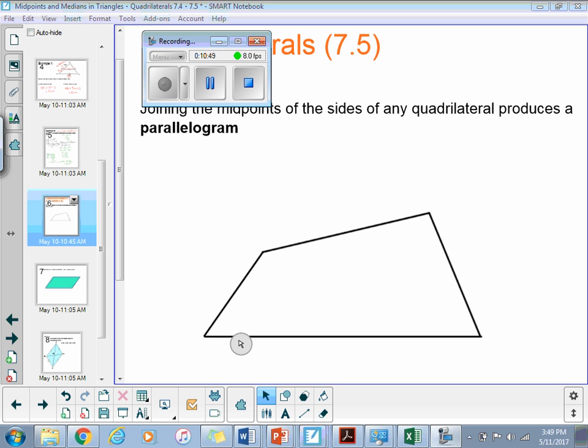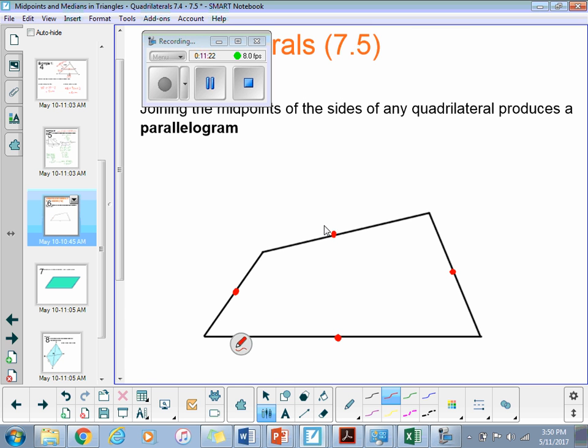Okay, and the rest of this page is pretty much all of 7.5, and it's related to 7.4 quite closely, so that's why we're looking at them together, which basically says that when you are looking at a quadrilateral, which is the diagram right over here, and if you were to find the midpoint of any of the sides, so let's say the midpoint of that side, the midpoint of this side, the midpoint of this side, and the midpoint of this side, if those are in fact midpoints, we would have the following, right?